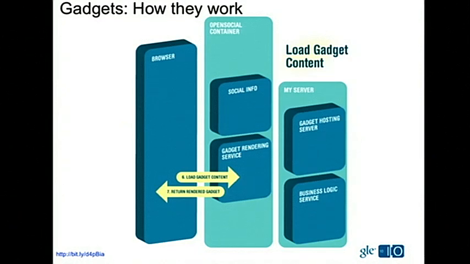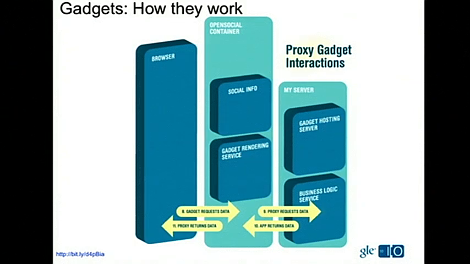Now, this flow can actually be optimized in the 1.0 and 0.9 versions of the spec through data pipelining. So you can make that whole thing one time, and you don't have to do this constant bouncing back. What becomes very interesting, though, is as we think about that application running inside the browser, you end up having one place to get social context and another place to have business logic.